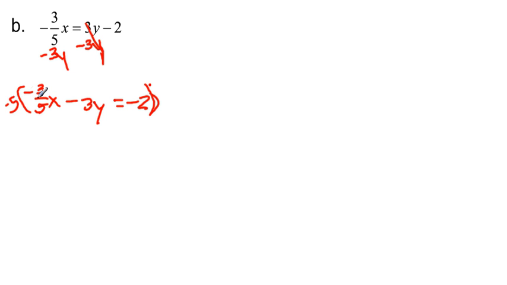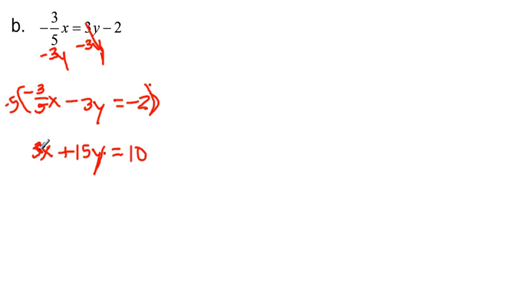And so what I'm left with is just 3x, because the 5's and the negative signs are canceling each other out. Now I'm going to take negative 5 times negative 3y using the distributive property, and I get positive 15y. Okay, and that equals negative 5 times negative 2, which is 10.